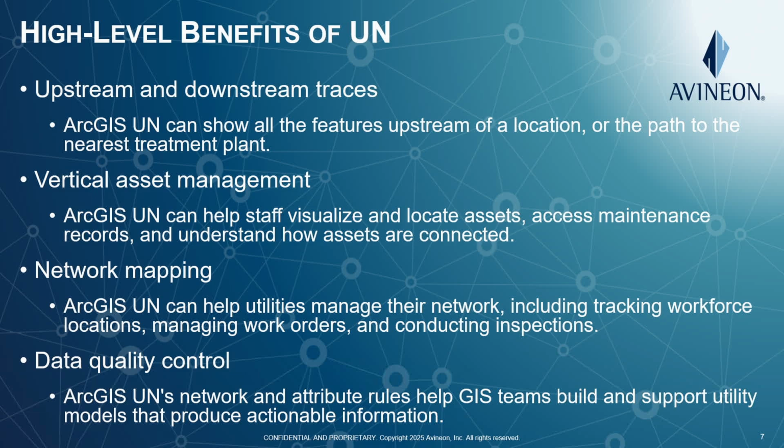And another piece is the data quality control is really one to highlight. The data model is incredibly powerful. It's high fidelity. It's going to allow you to capture a lot more information that was not previously possible. But, at the end of the day, the utility network, it's improving, it's enhanced, and it's higher quality than what's been available before.